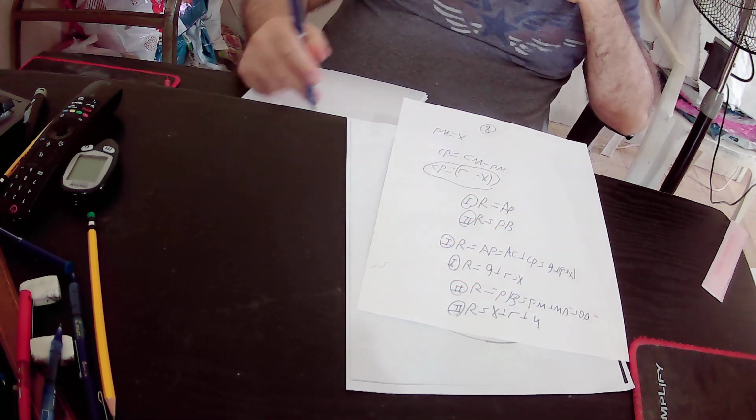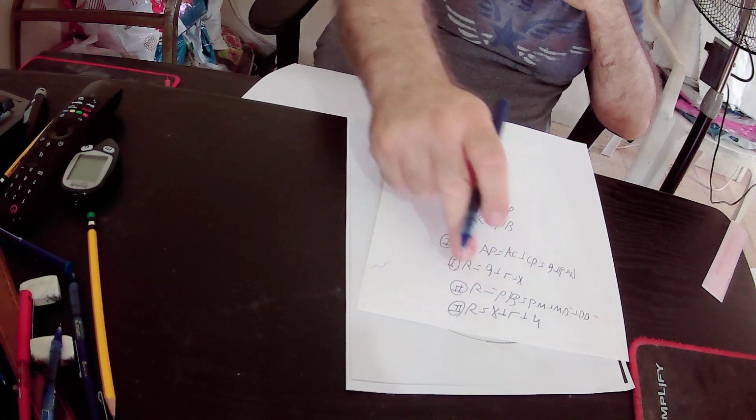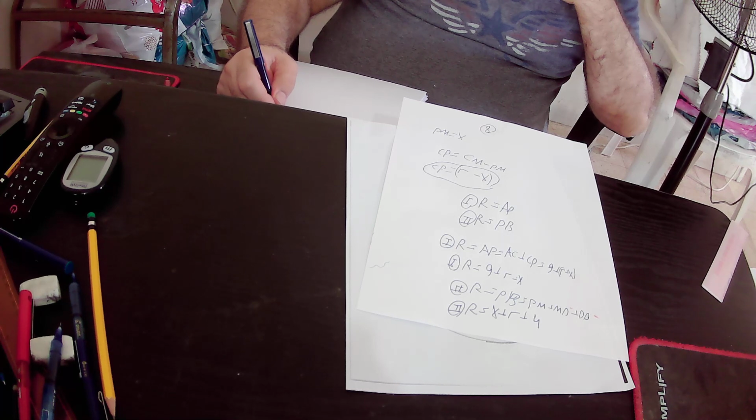Okay, it equals the radius of the big circle according to equation number 2. That is to say, it equals x plus r plus 4.